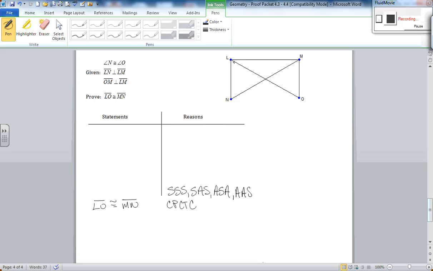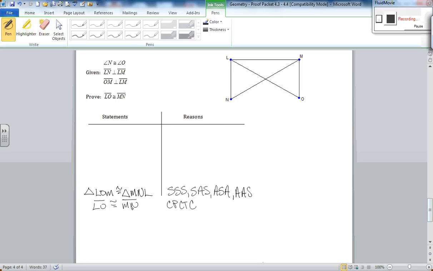If you look at line segment LO, it is a side in triangle LMO. So, actually, I'll say LOM just so we can use this order here. So triangle LOM has to be congruent to triangle MNL, since MN is a side in this triangle, if we went L to O to M.